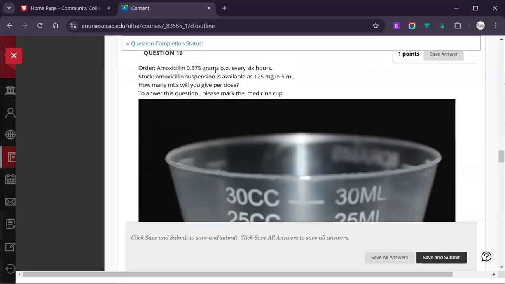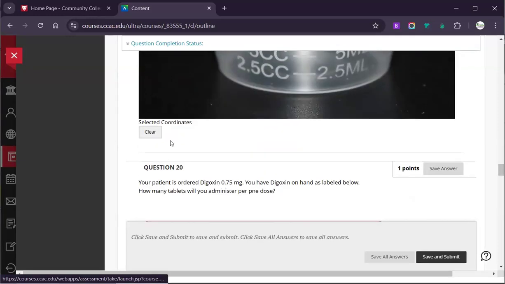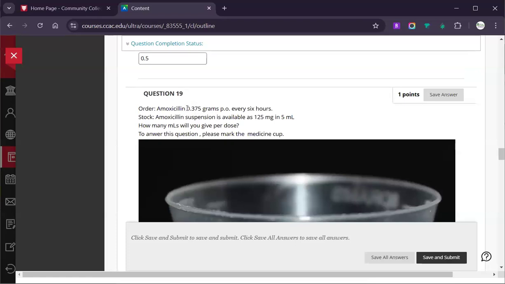This question is another marking the cup. It's very similar to what we saw previously, where you can clear if you put the marking in the wrong spot. This one adds a little complexity because it's ordered in grams, but the available is in milligrams. So all we're going to do is convert grams to milligrams. Instead of 0.375 grams, we convert to milligrams by moving my decimal point over 3.